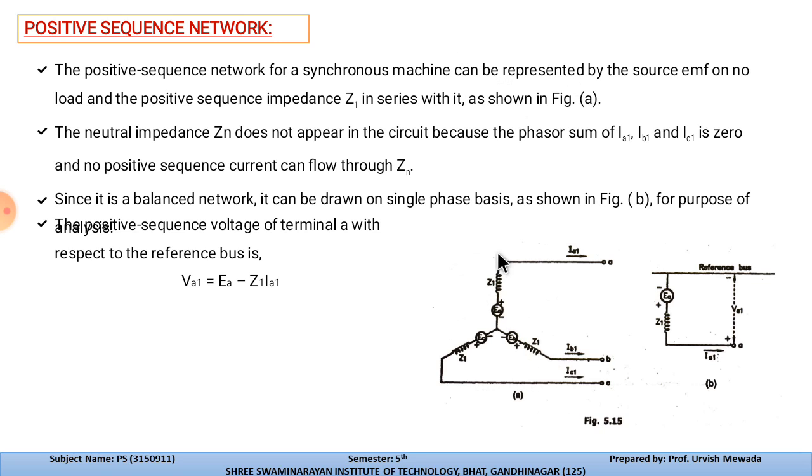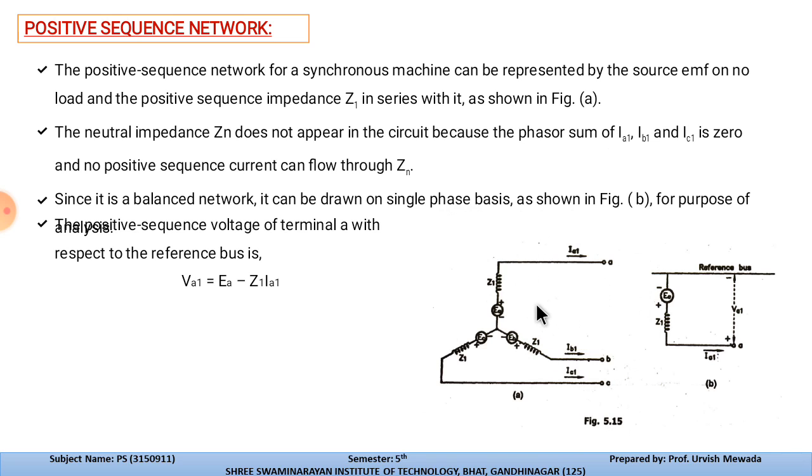So this is the diagram indicating all the elements connected like this, and the neutral impedance Zn does not appear in the circuit, because the phasor sum of Ia1, Ib1 and Ic1 is zero, and no positive sequence current can flow through Zn.